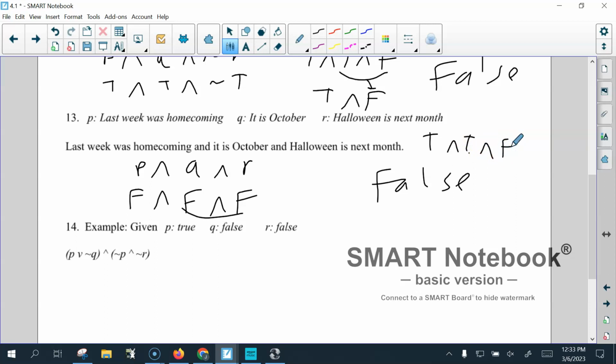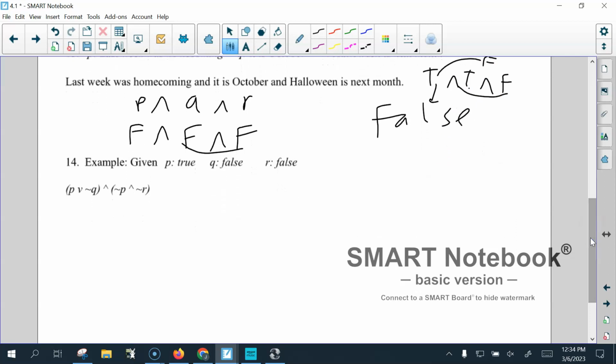Well, that's false, because if it's October, Halloween is not next month. Thanksgiving would be next month. So this would lead to a false, which then still those two would lead to false. So it ends up being false regardless, you just get there in different ways.